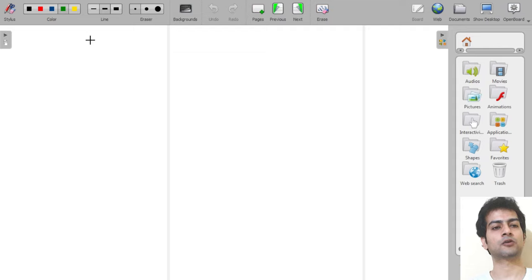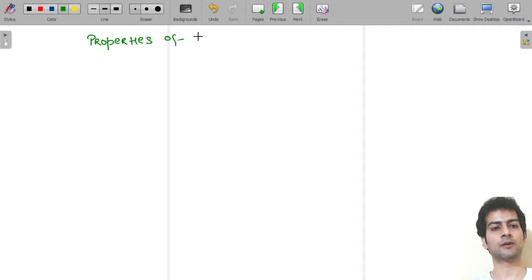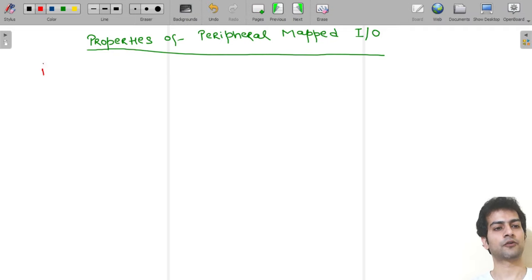So if we talk about some of the properties of peripheral mapped input output, then what will they be? For the first property, for peripheral mapped input output, the microprocessor deals with an 8-bit address.